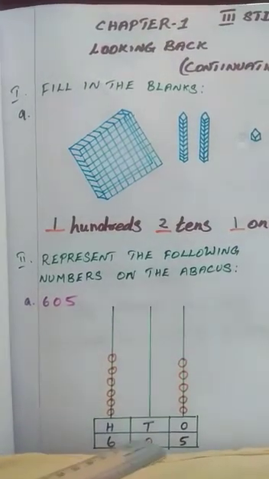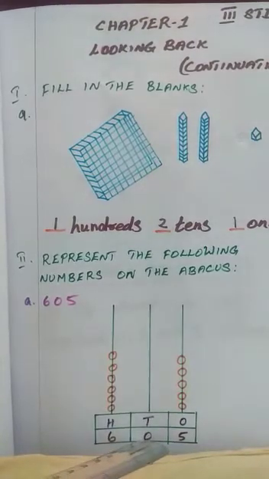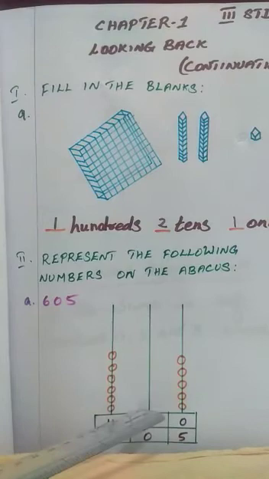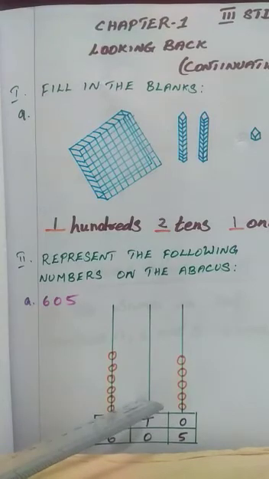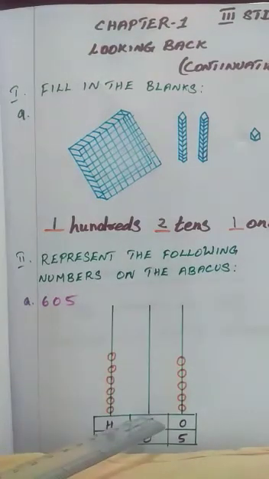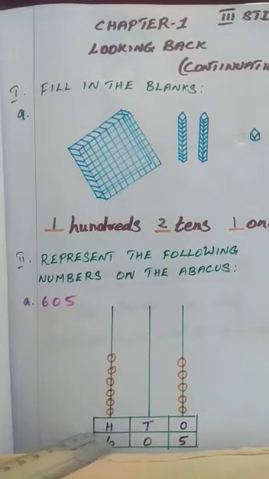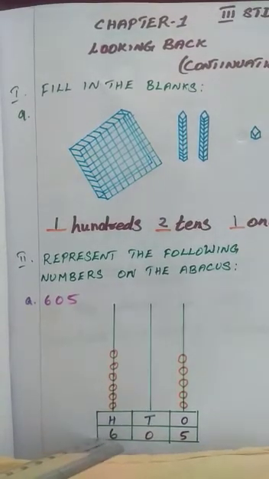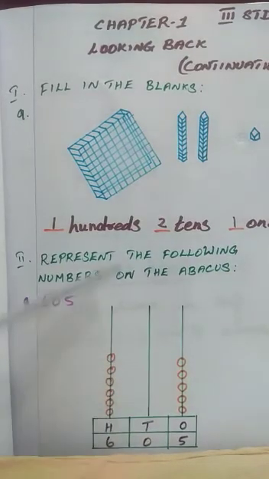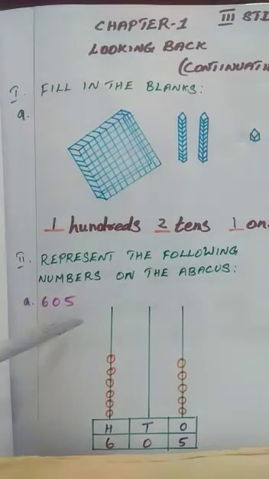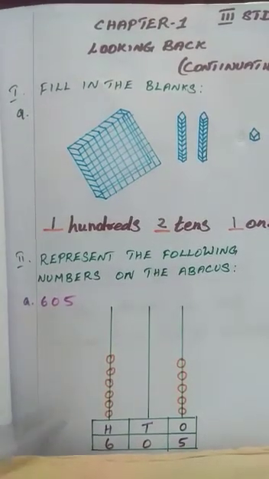Next, in the tens place, what number is there? 0. 0 means nothing, so no need to draw beads. You leave it empty. Next, hundreds, what number is there? 6. So you have to draw 6 balls in the hundreds. This is the method of representing the number on the abacus.